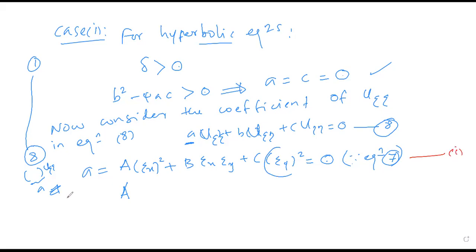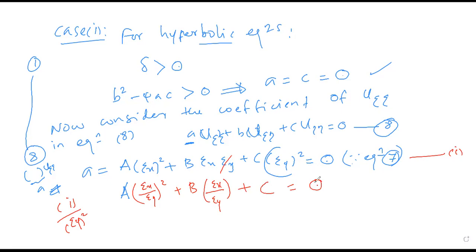So small 1 divided by zeta y square gives you a times zeta x over zeta y squared, plus b, where zeta y cancels out so you have zeta x and another zeta y here, plus c, equal to 0. Am I right? I'm dividing this equation by zeta y whole square, so it becomes like this. You can check your answers.